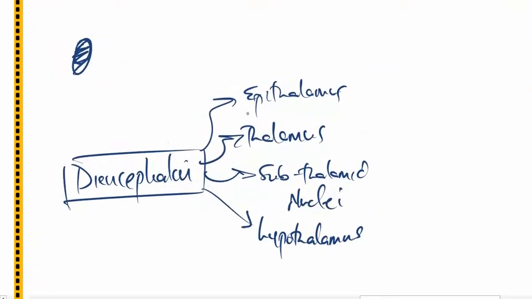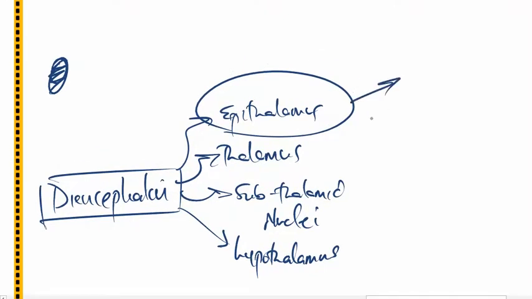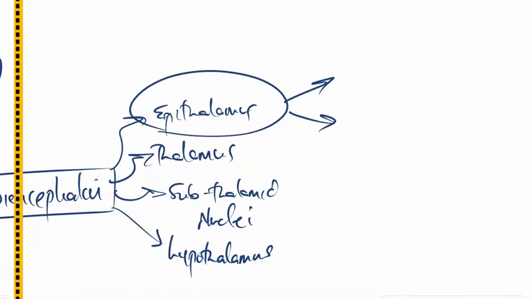Okay. So then we said the epithalamus had two major components. Now I might have the spelling wrong, but I don't think it's wrong.